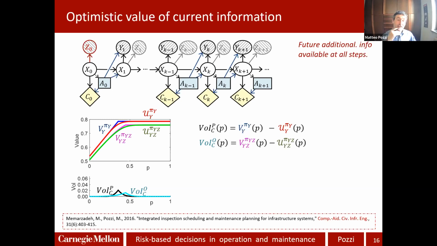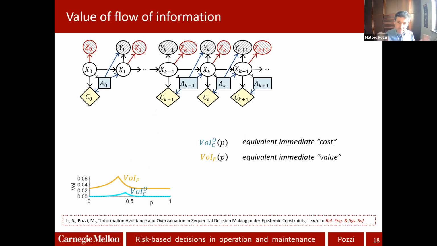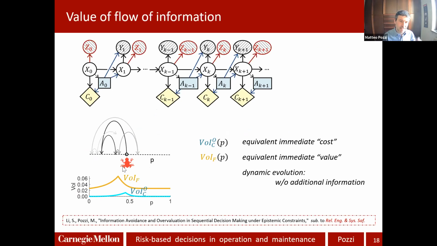And then you have the value of flow of information, that is the value of installing a permanent monitoring system. And pretty recently, we have discovered that there is a formulation that allows you to express one as a function of the other, meaning that you can express the value of flow of information in terms of the value of current information. So the idea is that you have this frog sitting somewhere on your belief, the probability of failure, and in time, this frog is randomly jumping because your belief is changing because of observations.